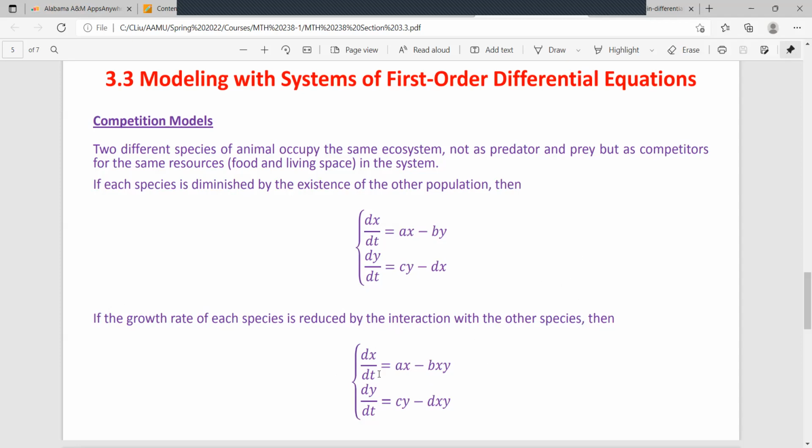Then we have the equations we had before: dx/dt = ax - bxy, and dy/dt = cy - dxy. This is not exactly the same as the predator-prey model.